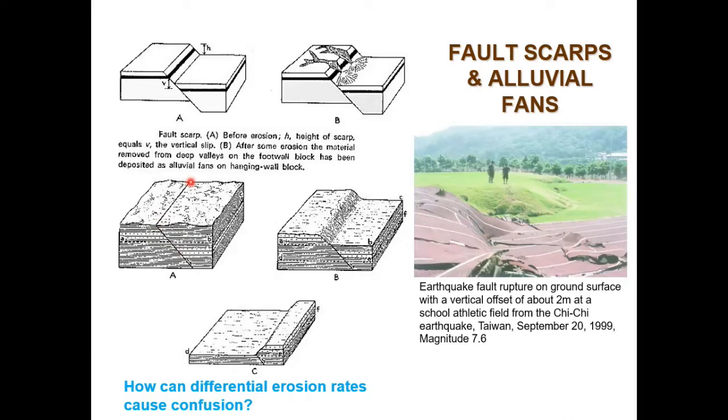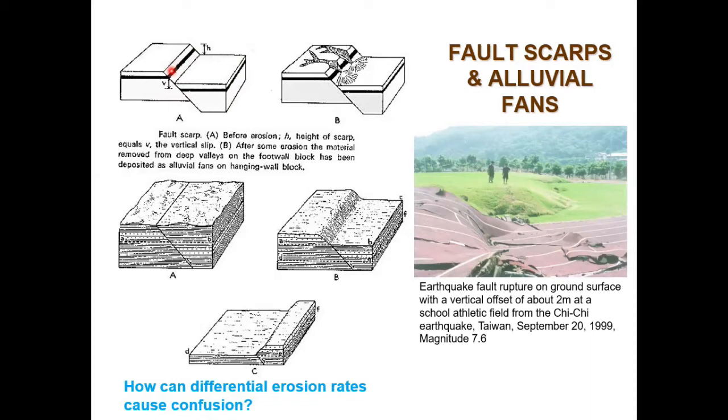But after some time, if the displacement rate is big enough, then the hanging wall will slide maybe a couple hundred feet or tens of feet. In this case, because of that sliding, some portion of the footwall block will be exposed along the fault plane. So that exposed part is what we call a fault scarp.